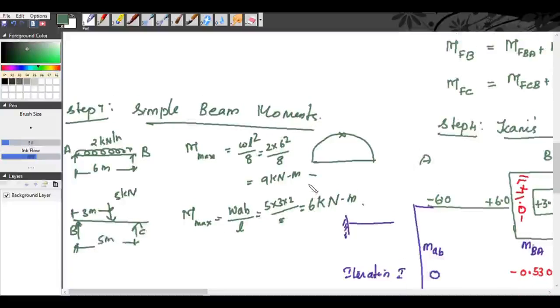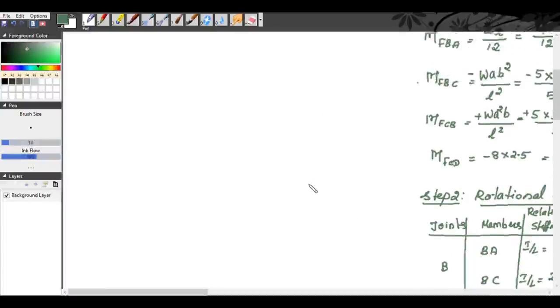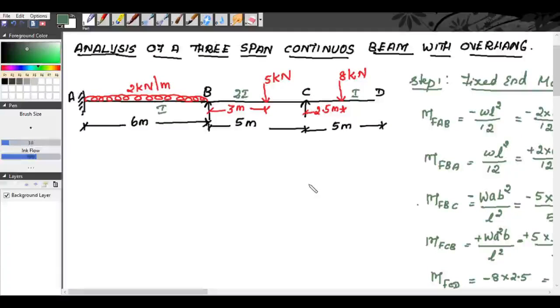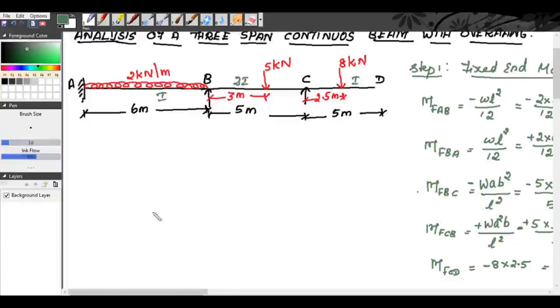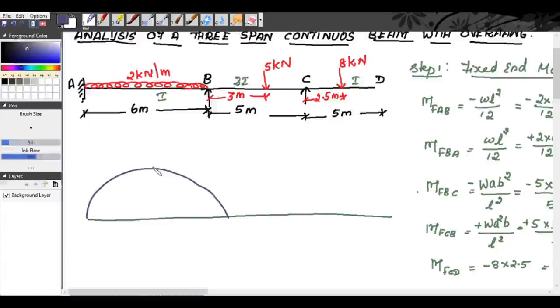Okay, now we will draw the beam moments. We will draw the bending moment diagram. In order to draw the bending moment diagram, first of all we will draw the simple beam moment diagram. For the span AB, we have obtained it as a parabola, 9 kilonewton meter at the midspan.